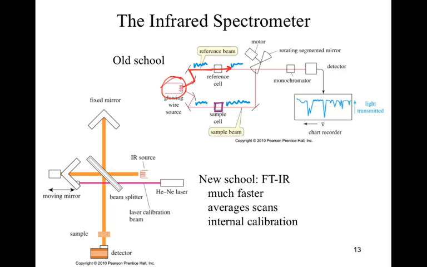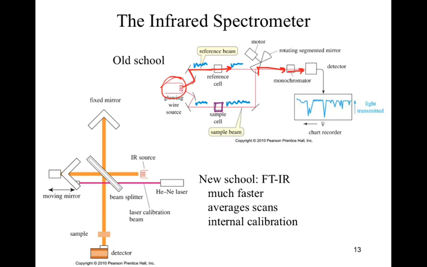The light then goes up and gets passed through a monochromator, which is ultimately what tells us the exact wavelength, or exact wave number, that we're evaluating. That monochromator will then let only that wavelength of light pass through to the detector.